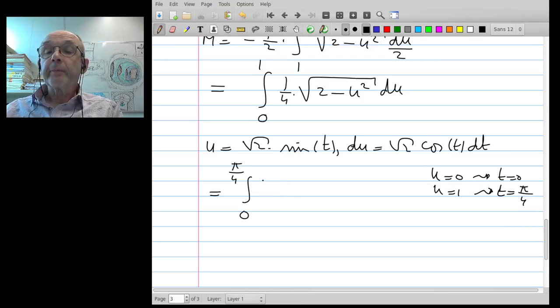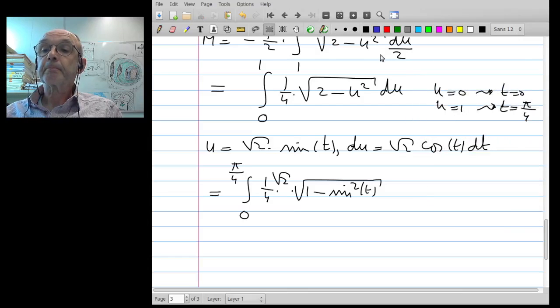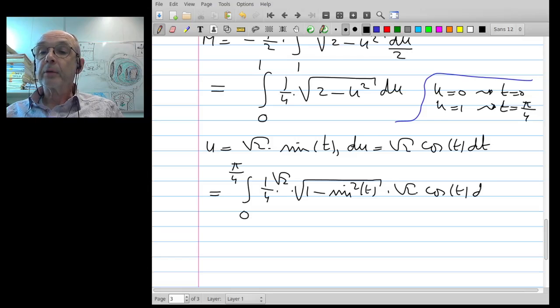All right, we have a 1 over 4, and then if we fill in that u, you get the square root of 2 times 1 minus sine squared, so the square root of 1 minus sine squared, and we have also a square root of 2 times the cosine of t dt.